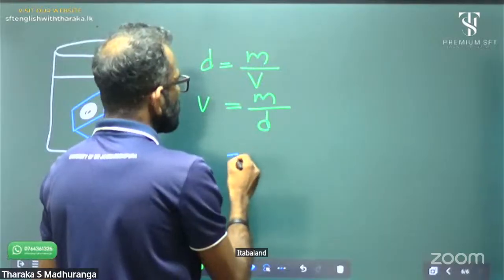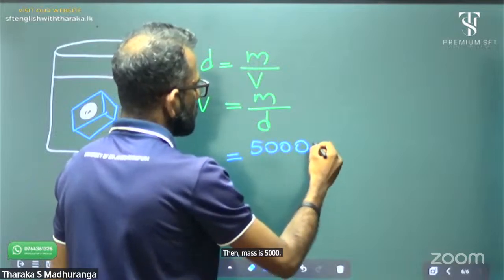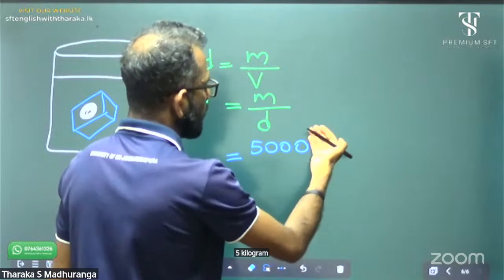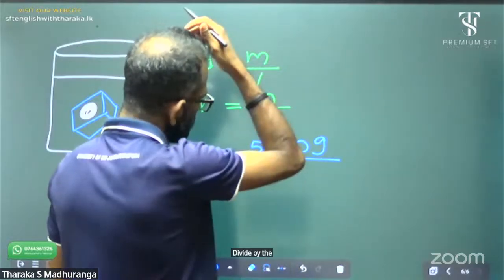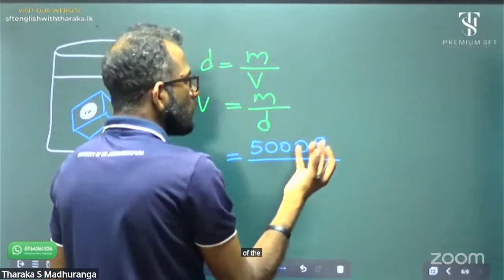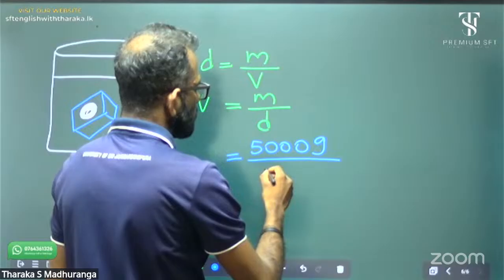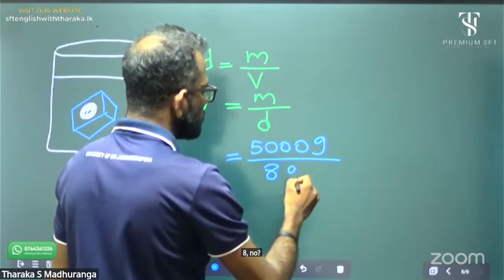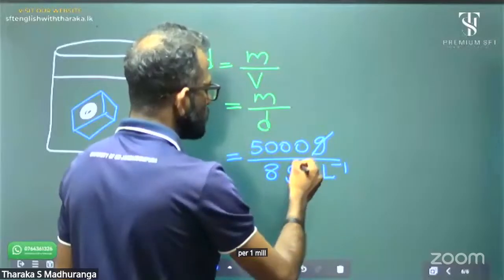Then the mass is 5 kilograms, that is 5,000 grams, right? Divide by the density of the object, 8 grams per 1 milliliter. Then grams cancel out.